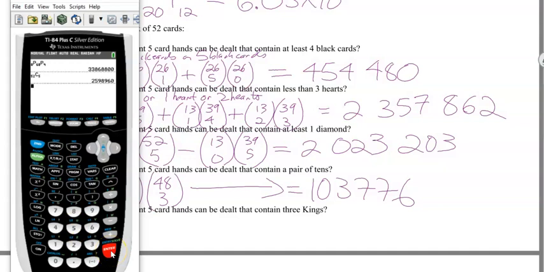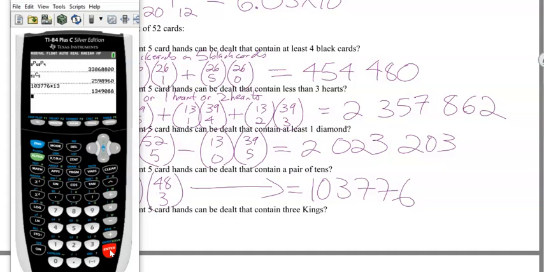Of the 2,598,960, we got 103,776. That's one particular rank, right, which is 10, but there's 13 ranks. So to get a pair, of the 2,598,960 different possible hands, 1,349,088 will be a pair.